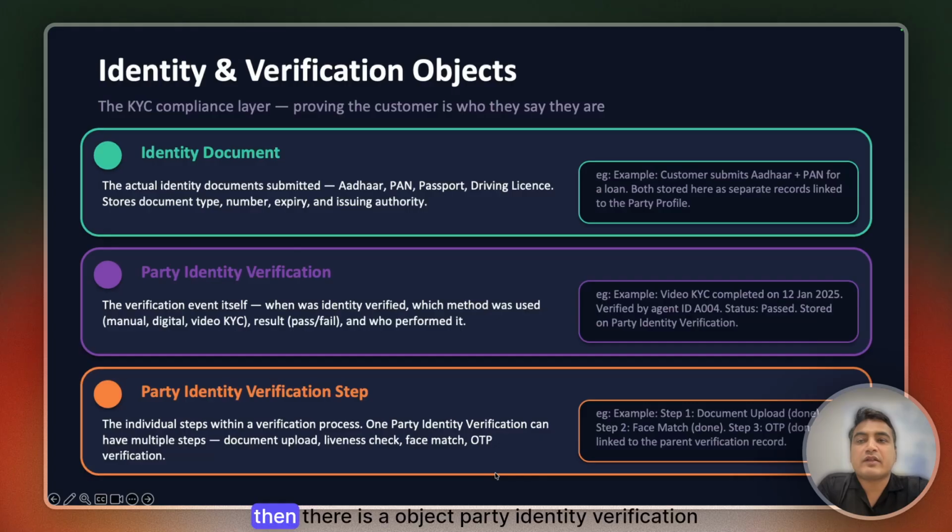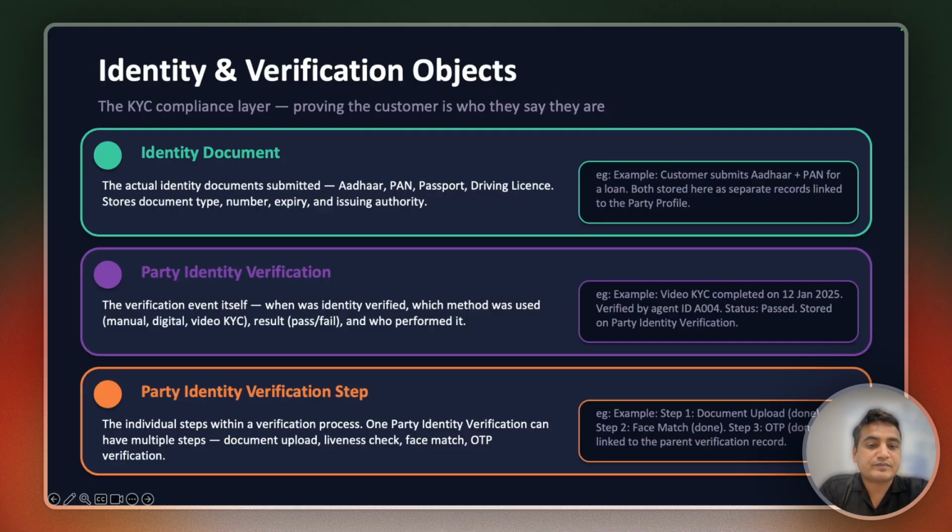Then there is an object, party identity verification step. It stores each step which was required to verify this person. Let's suppose to verify me a video KYC was done. There will be certain steps in video KYC. One is that the customer will upload some documents. Then maybe a liveness check will happen, where the system will ask me to blink twice.